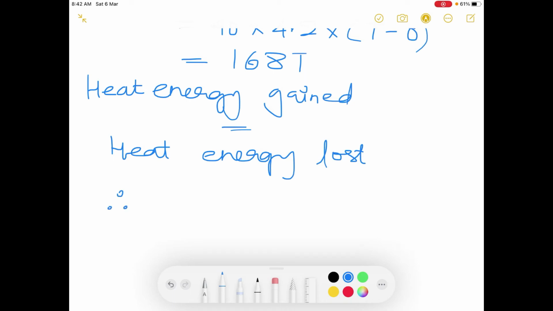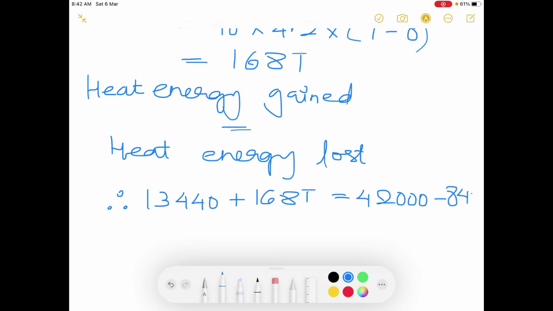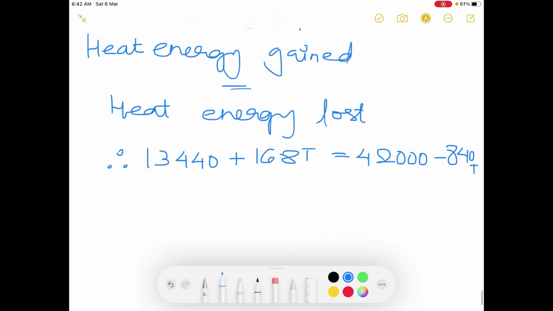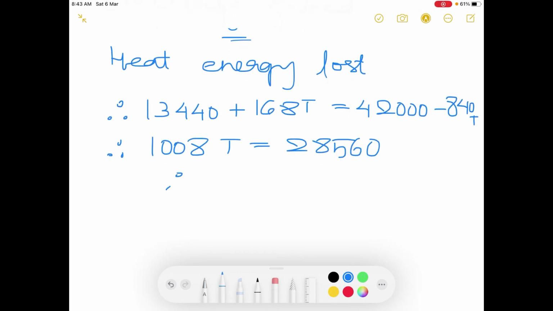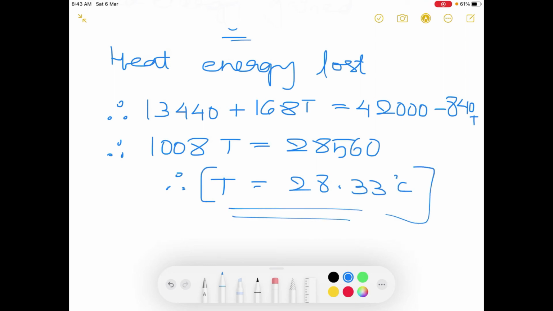Therefore, step by step, without forgetting any value, 13440 plus 168T will be equal to 42,000 minus 840T, and then finally calculating we will get 1008T equals 28,560, and therefore T will be equal to 28.33 degree Celsius. This will be the final temperature.